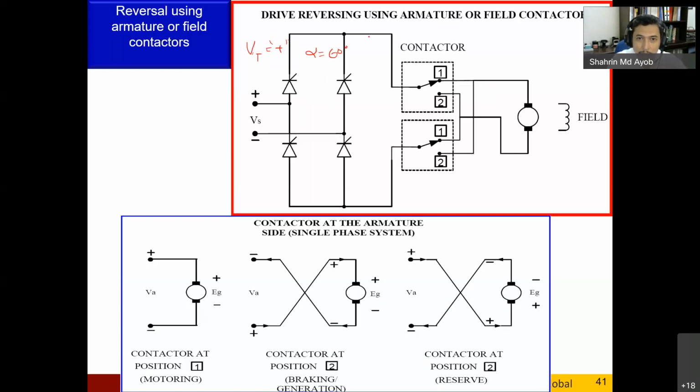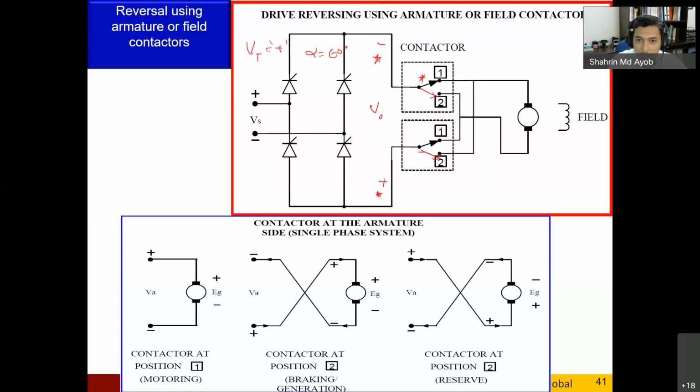Okay, so if you are using contactor position 1, this one is the positive terminal and this one is the negative terminal, so it equals the polarity of your V out here. But when you change the contact from position 1 to position 2, this one will become negative and this one will become positive.